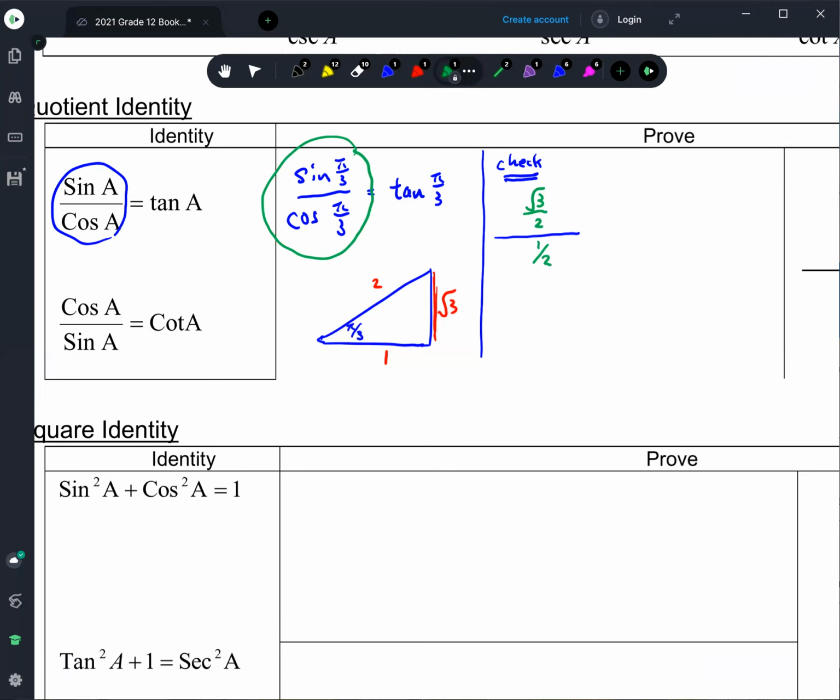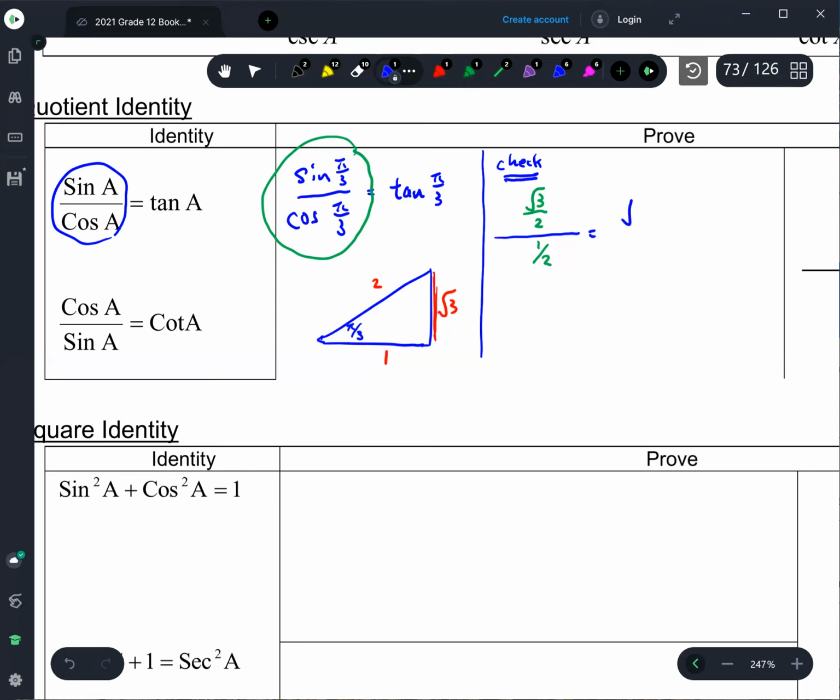When you divide a fraction, you need to multiply by the reciprocal. The twos reduce each other, so it becomes root 3 over 1. And root 3 over 1 is just tangent.